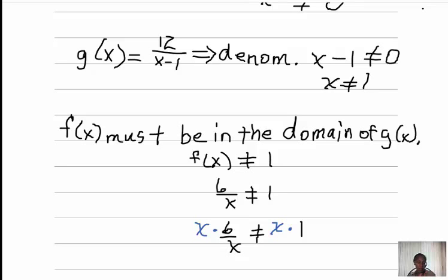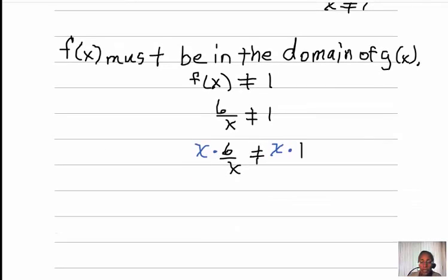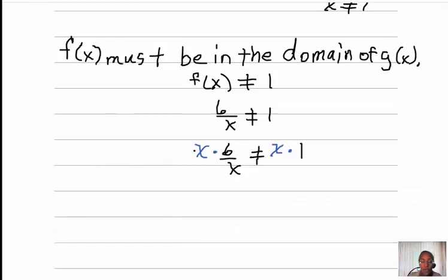So x is going to get multiplied by 6 over x on the left, and x is going to get multiplied by 1 on the right. So this becomes just a 6. The x's divide out to give 1. So 6 over 1 would just be 6. And x times 1 is just x. So 6 can't be x because if it is, f of x isn't in the domain of g.